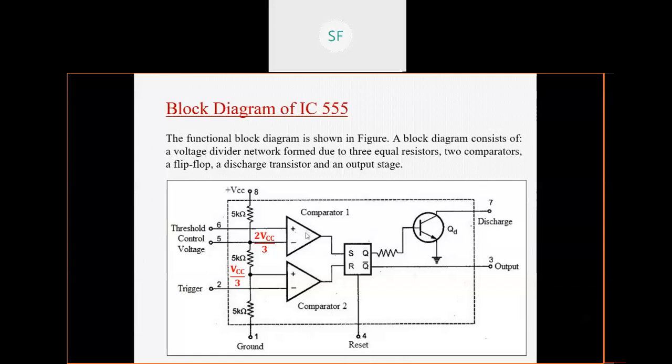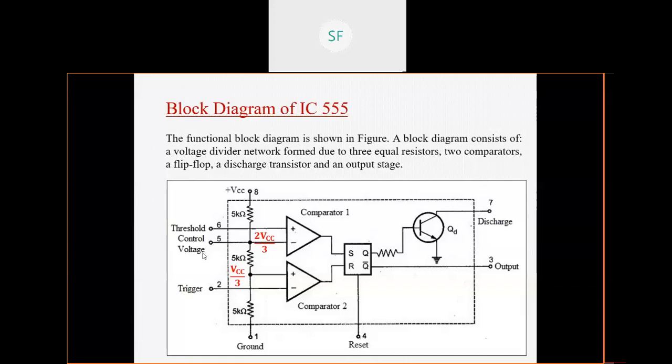Alright. Now you have to observe the non-inverting terminal of comparator 1, which is called threshold. Oh sorry, only threshold. The control voltage is below, okay. So the non-inverting terminal of comparator 1 is the threshold pin of your IC, that is pin number 6. Similarly, the inverting input of comparator 1 is nothing but pin number 5, that is control voltage.